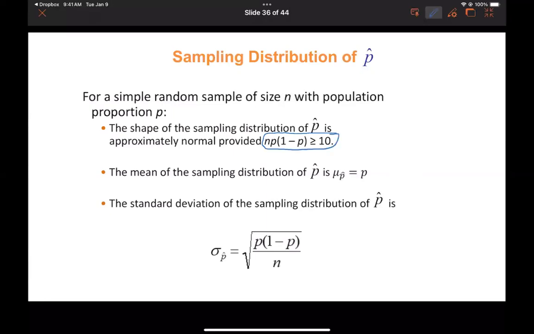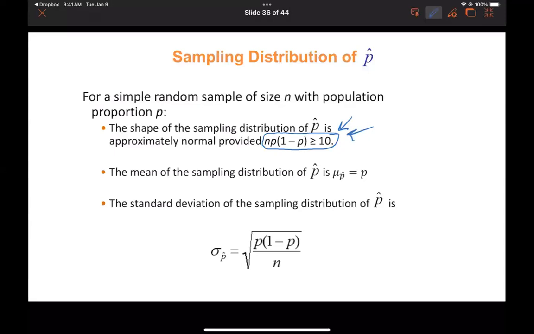When you are taking your quiz, which is coming up at some point this week or before Tuesday, if it asks when the sampling distribution of the sample proportion, or sampling distribution of p hat, is normal, this is what you're going to say: as the sample size gets larger, as long as np times (1 minus p) is greater than or equal to 10, our sampling distribution will be approximately normal. This is what you're going to say.